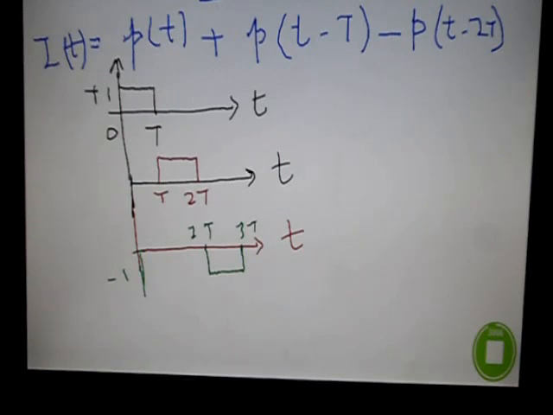If you add these, you will get your I of t, which can be represented on this line.